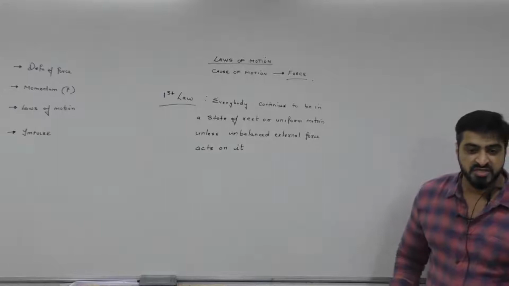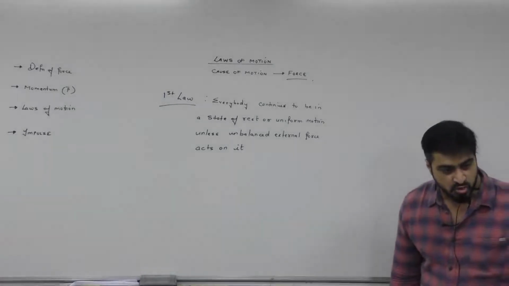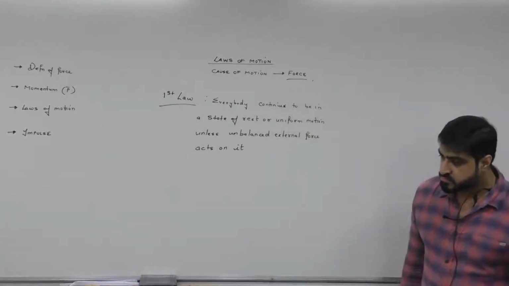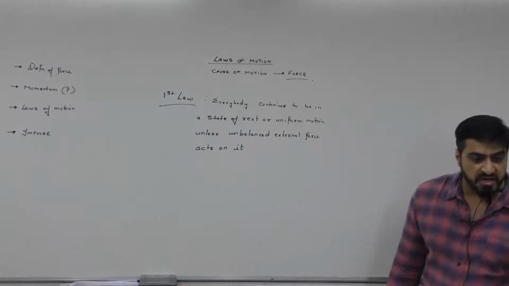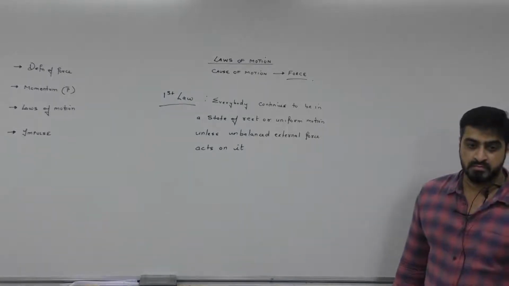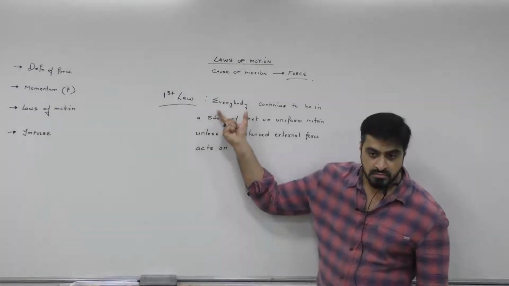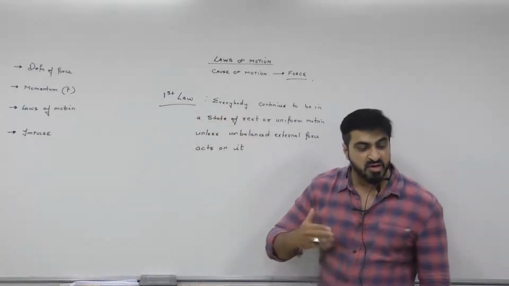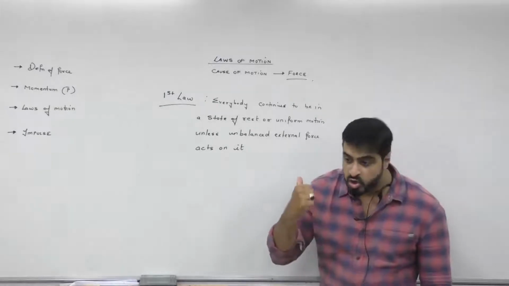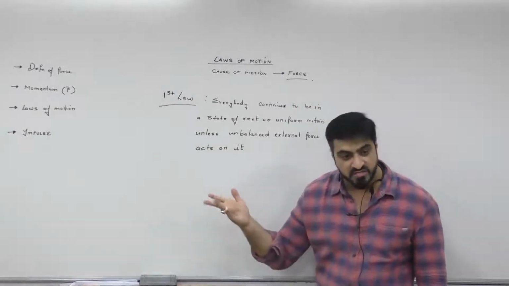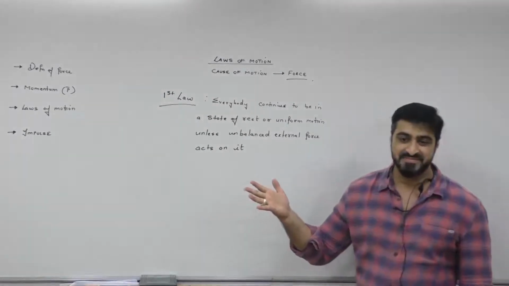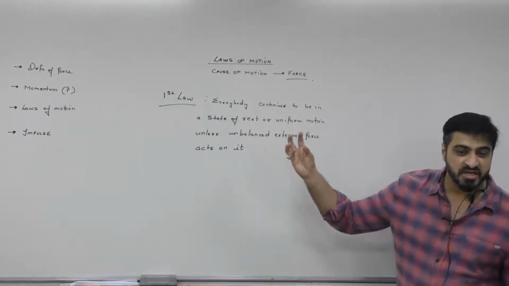Now it is very much necessary to dissect this topic. They have told you a lot of things inside. First law is telling you every body, not only in the earth, anywhere you go, it is a law. Law मतलब कहीं पर भी चलेगा. Jupiter, Mars, Venus, Pluto. It is a law which is universally applicable.